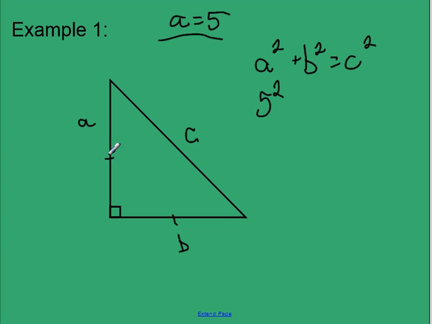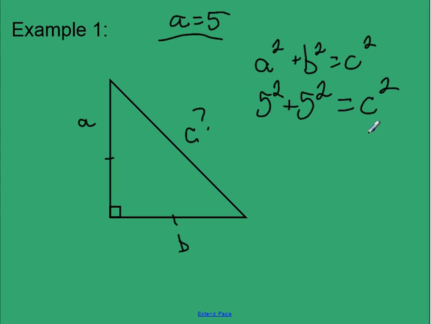Well, in this case, we have an isosceles triangle. And in an isosceles triangle, the two legs here are going to be equal. So A equals B, they're the same length. So B has to be 5 as well. So I can do 5 squared plus 5 squared equals C squared, because I don't know what C is, that's what I'm trying to find out.